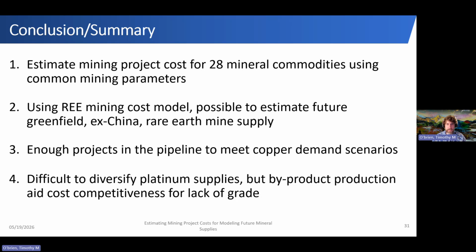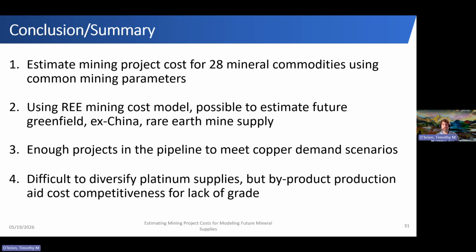And this can be done, like I said, just using simple mining parameters. And then using the rare earth mining cost model, we can estimate future supply and develop ex-China supply production futures.